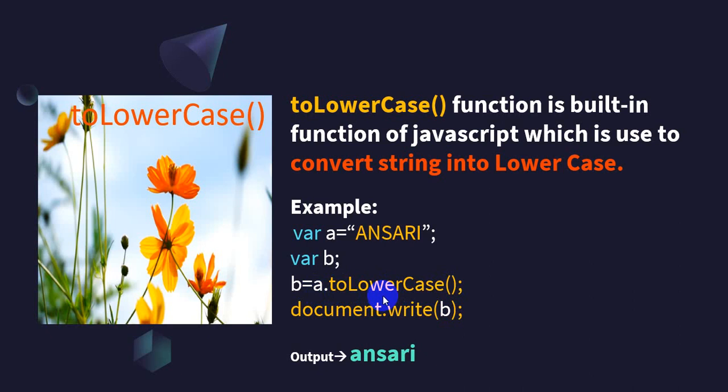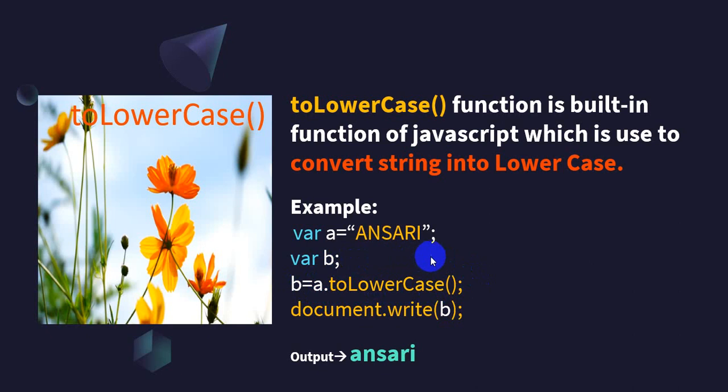So what will toLowerCase convert? It will convert the value of a. You have written a dot toLowerCase, so I want to say: please convert the value of a into lowercase. What is meant by this line? A dot means the value of a, please convert it into lowercase and store it inside variable b, because we have written b equal to.